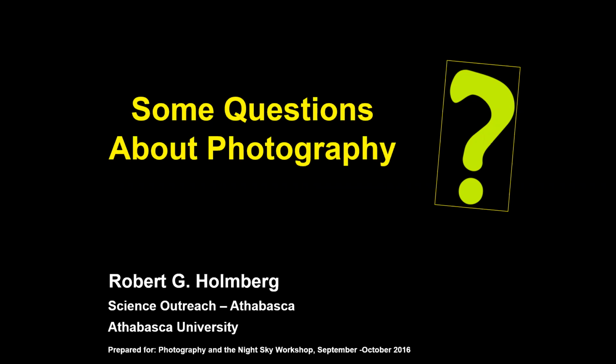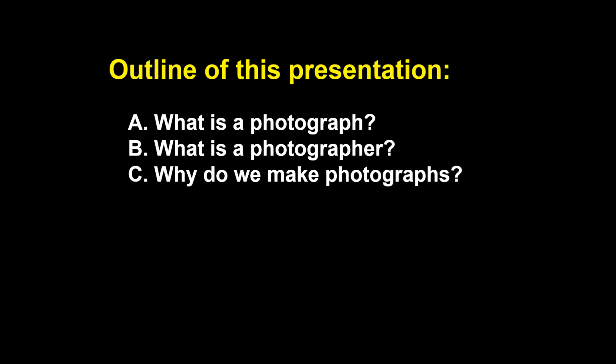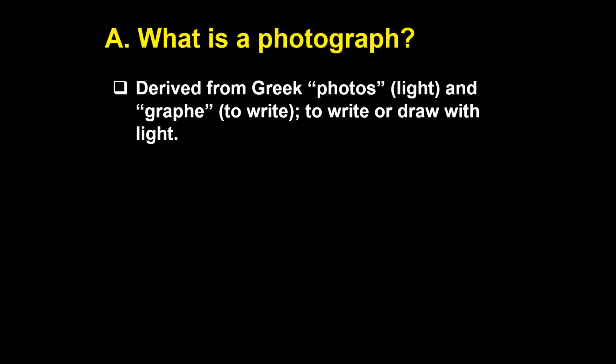Okay, so in this presentation, we're going to talk about what is a photograph, what is a photographer, and why do we make photographs. Photograph is derived from two Greek words, photos, meaning light, and graphy, to write, so it's to write or to draw with light.